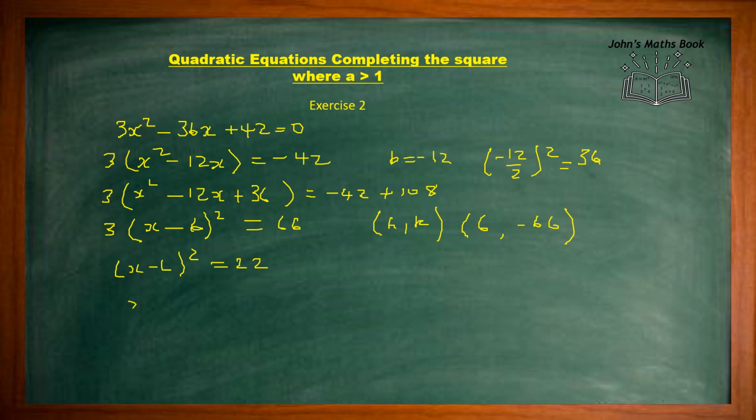So x minus 6 is equal to plus or minus square root 22. So our two values of x are x is equal to 6 plus the square root of 22 and x is equal to 6 minus square root of 22.